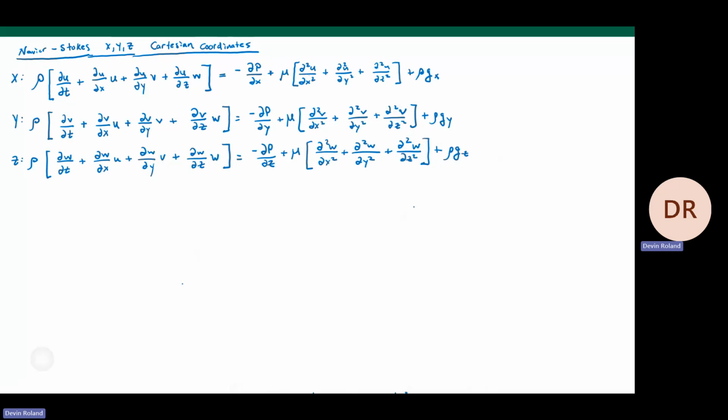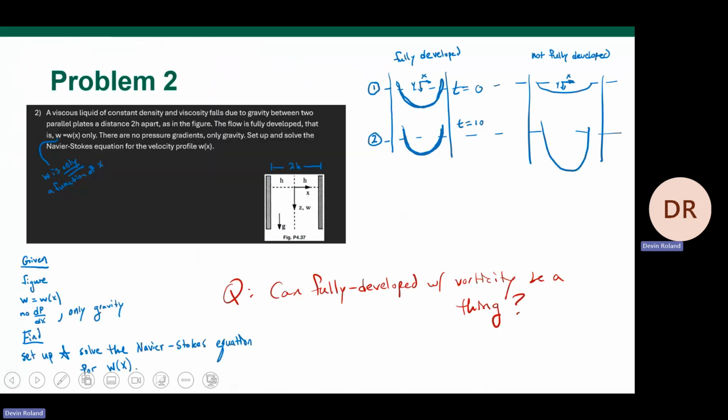Now, we can go and apply assumptions. So I did make a slight error here. I called this dp dx. This is actually dp dz. I guess I made two errors here. We have flow in the z direction. If you pay attention to the diagram, that is the z direction.